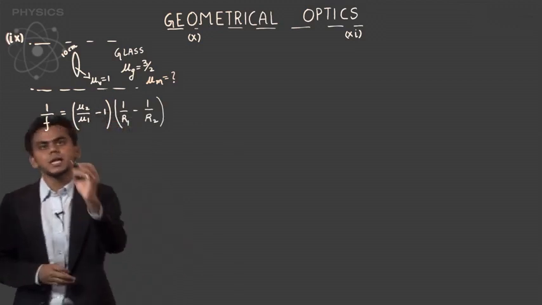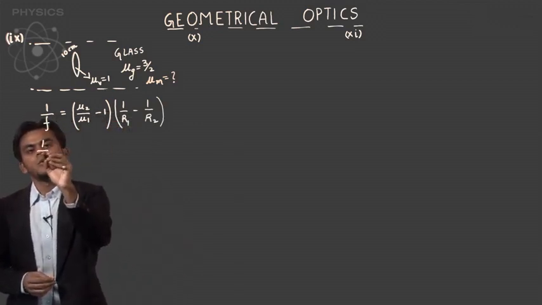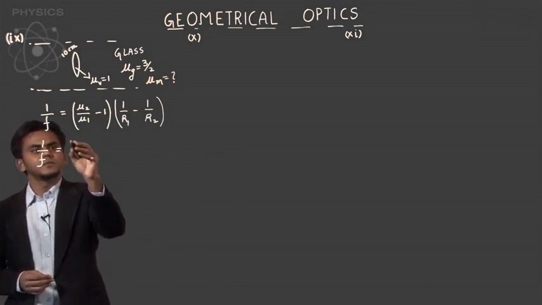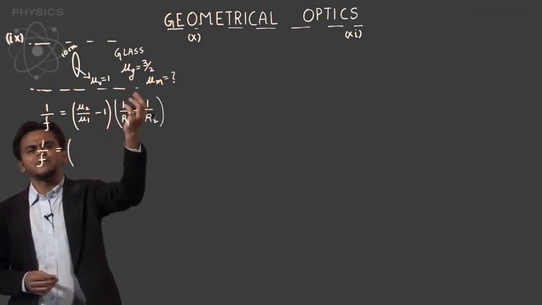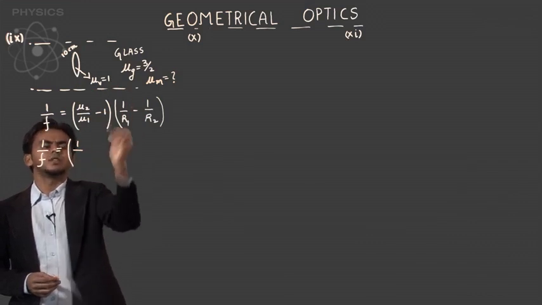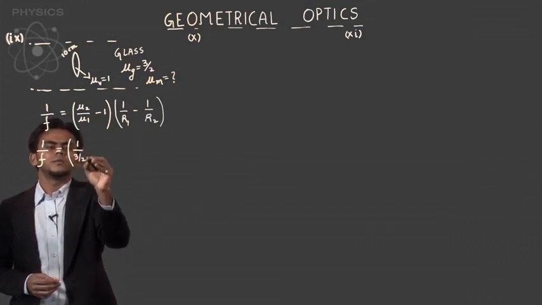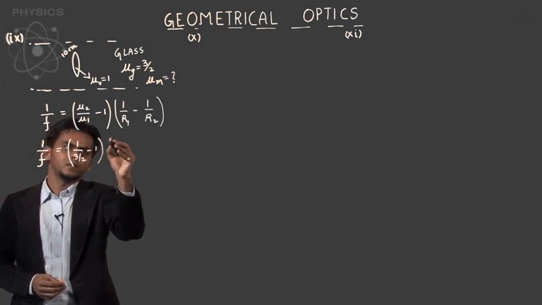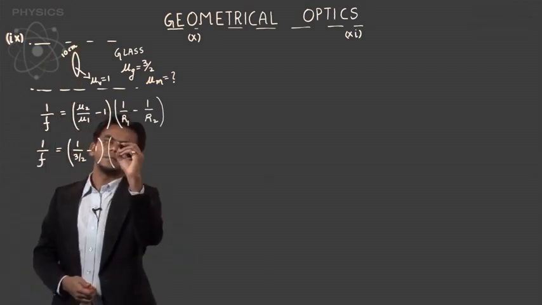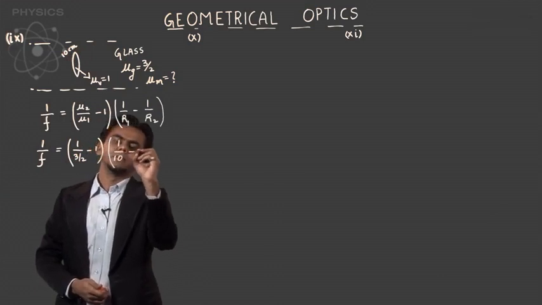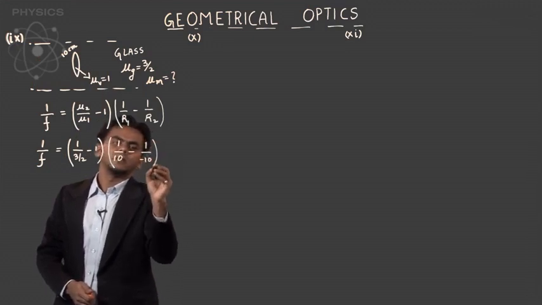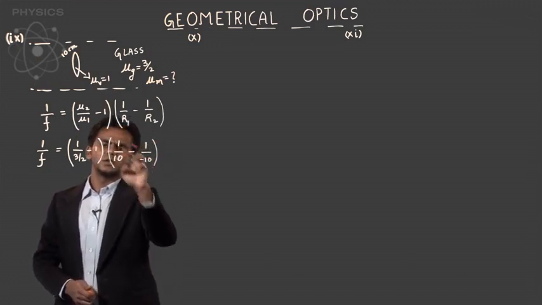In the original circumstance, my power, or the 1/f value, would be simply equal to, inside I have mu v, which is 1, so let's write 1 by mu g, which is 3/2, minus 1, times 1/r1, 10 towards the right side, so positive 1/10, minus, this is towards the negative side, minus 10. These two signs become positive, so this is 2/10.